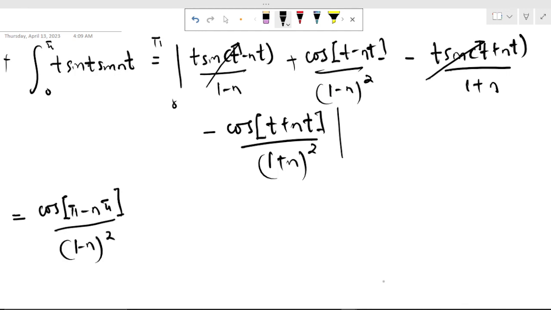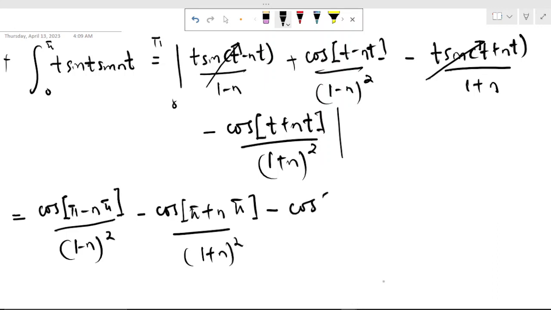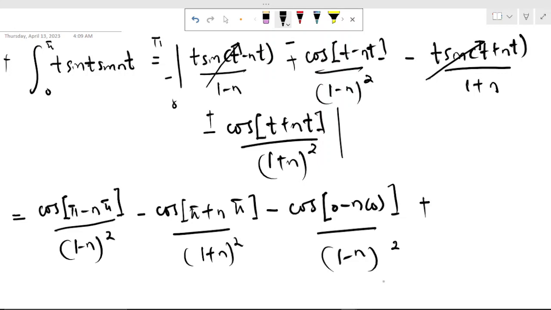Then we have minus cos(pi plus n pi) over (1 plus n) all squared. Then we have minus cos(0 minus n times 0) over (1 minus n) squared. Now plus, because if you have minus here, this becomes minus and this becomes plus.